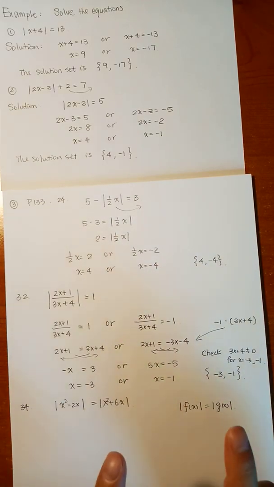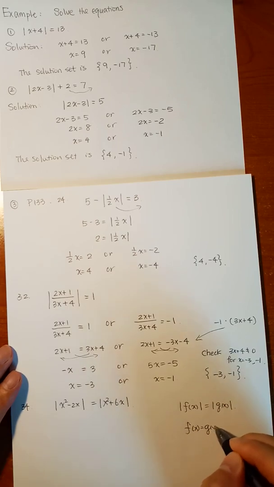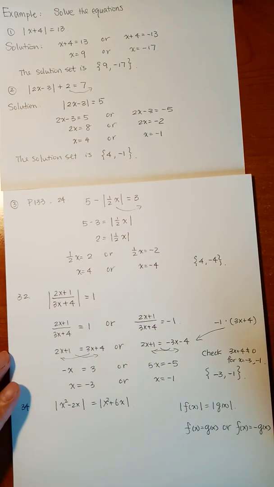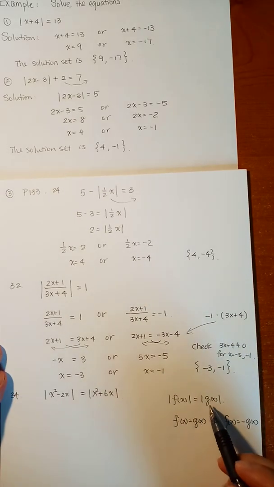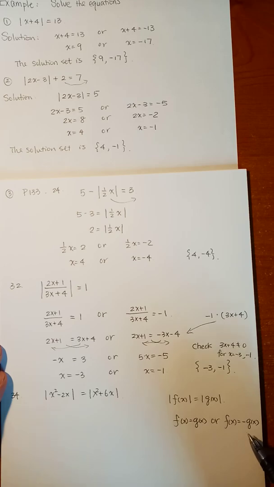Two things have the same absolute value, then they are almost equal, but sometimes they have opposite sign. So this situation is equivalent to possibly they are the same, or possibly they have different signs only. So if the absolute value of f(x) is equal to the absolute value of g(x), then either f(x) is g(x) or f(x) is negative g(x).